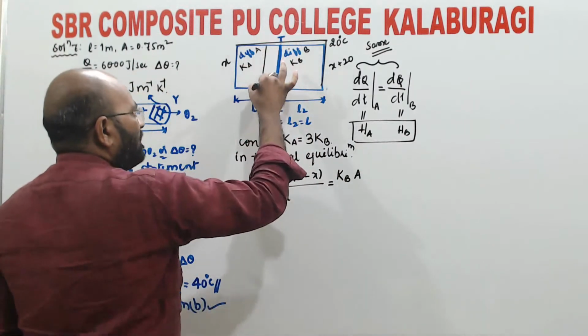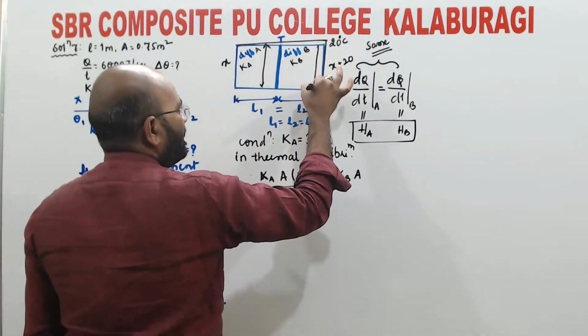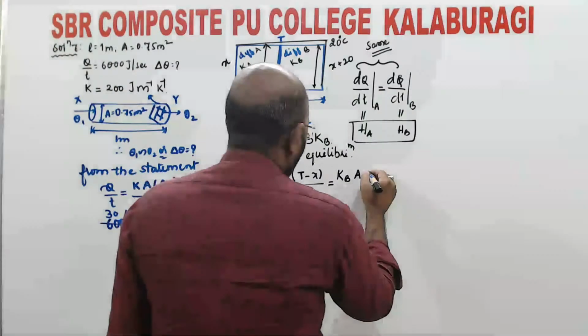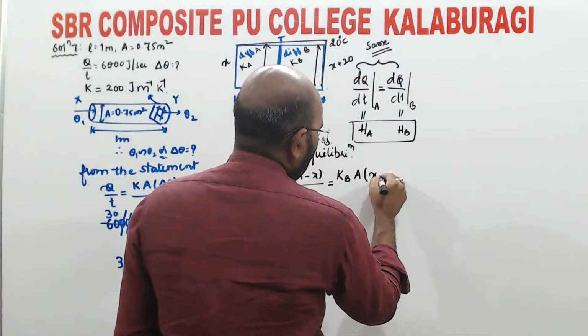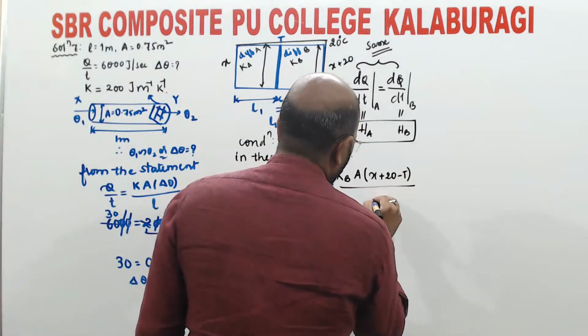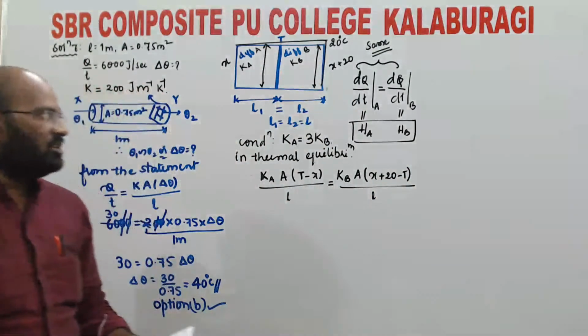The area of cross-section of the first and the second will be the same. Then here the temperature will be X plus 20 minus T, whole divided by L.